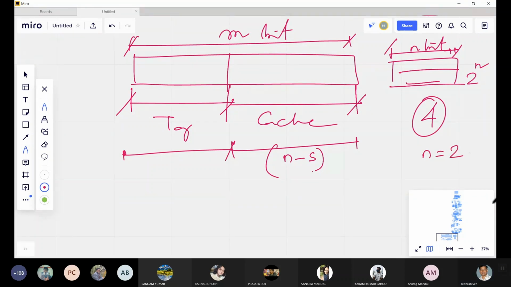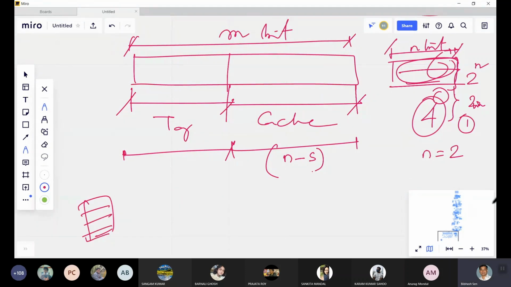Am I correct? n is 2. Now you are making a 2-way set associative cache. At that time, how many bits are required for the set? 1 bit, because 4 lines are there, so 2 sets are sufficient.